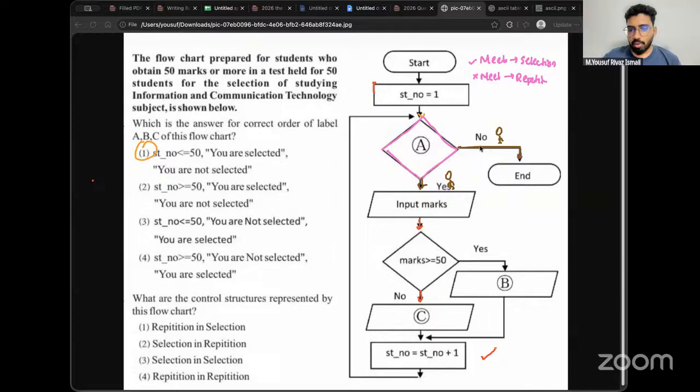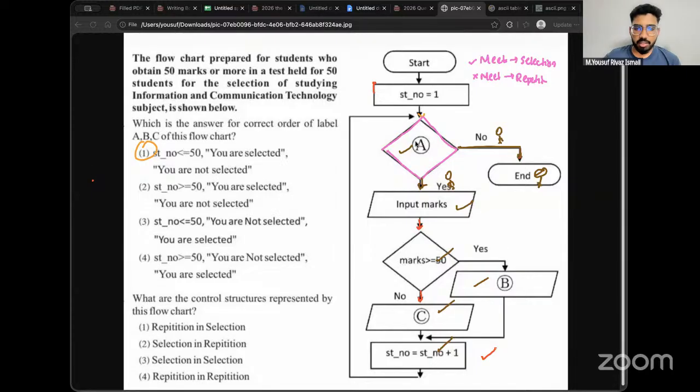No. The no fellow will come here and go to the end, he's done. The yes fellow will go here, and he'll again come back here. So the yes fellow is going to keep on rotating in this place, but he's not going to meet the other fellow.